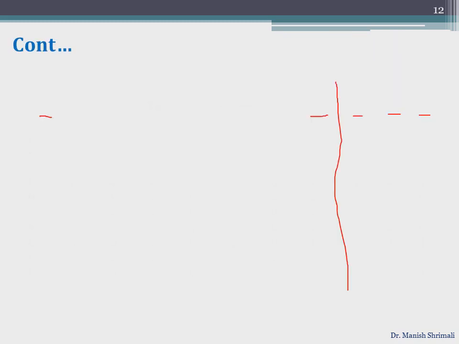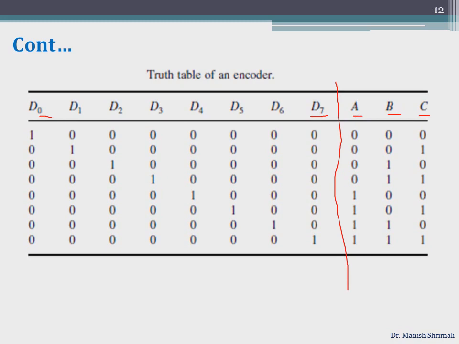This is the truth table of this octal to binary encoder, where we are having D0 to D7 as the inputs, and you can see that A, B, C are the outputs.